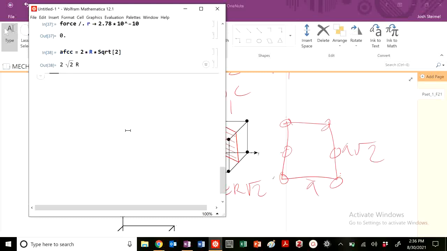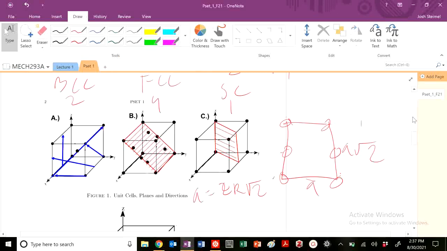In this particular problem, my planar density is going to be number of atoms, 2, times pi R squared, divided by the area, which is a FCC times a FCC times square root of 2. It better be less than 0.9069 because I know this is not a close packed plane. So that is my planar density for B.